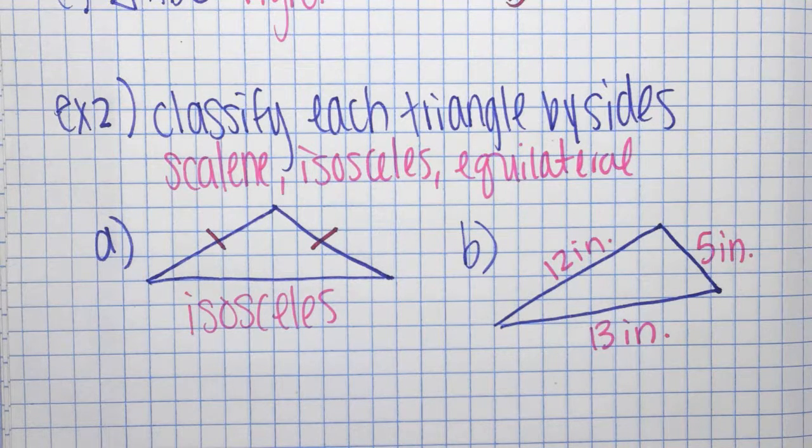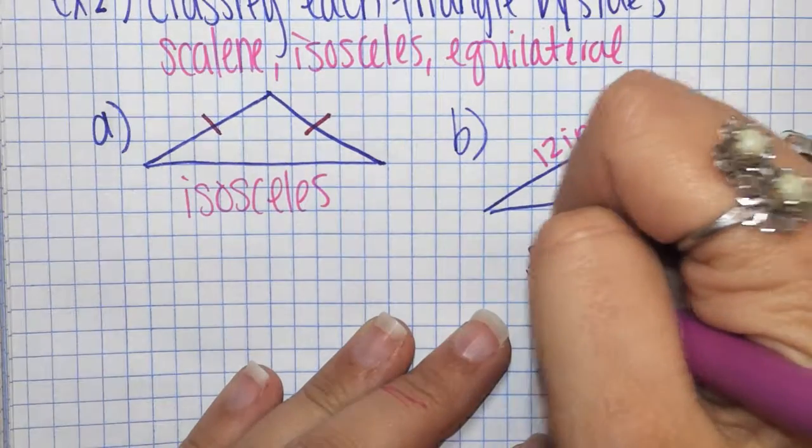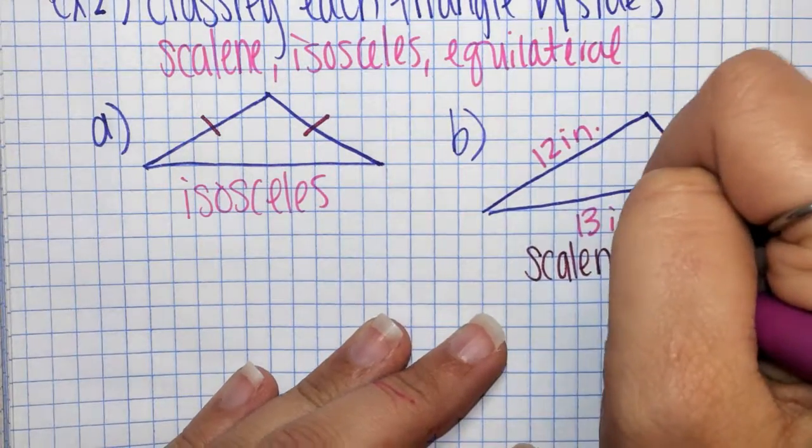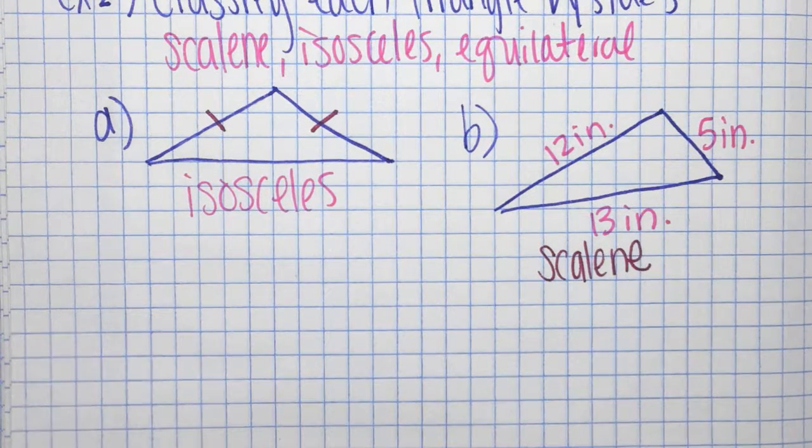Why would that be scalene? None of the sides are equal. So that's scalene. Alright, and you could do equilateral, right? Yes, it would have 3 tick marks.